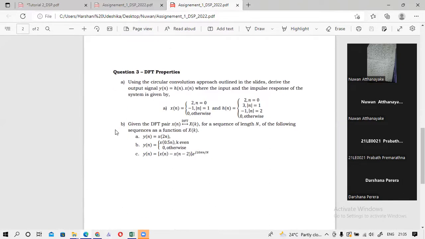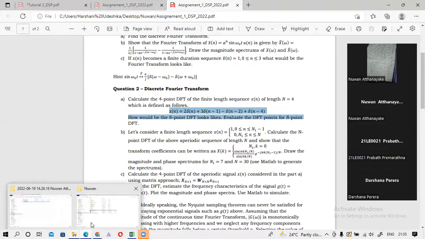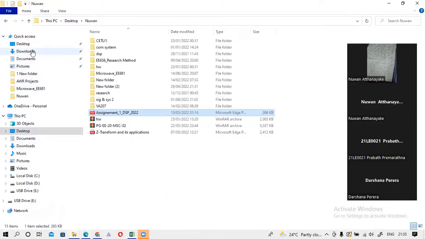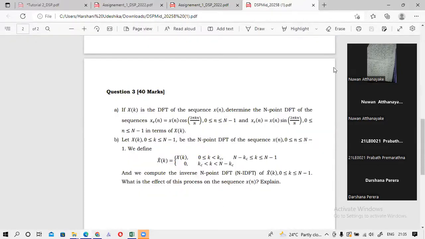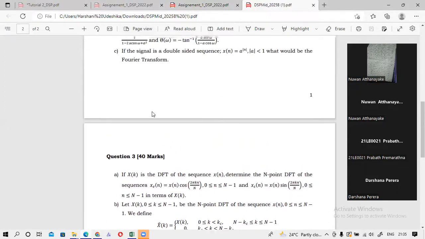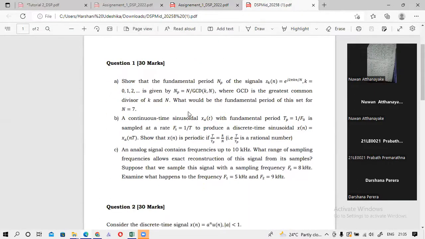So if I go to the mid-sem paper, these are theory things. I hope you can do this by yourself.